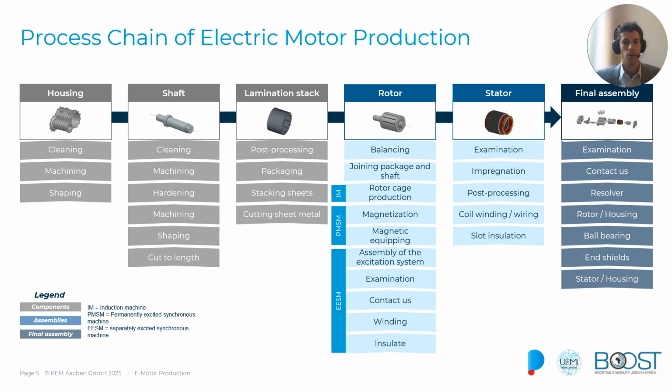Other than the rotor, which we will learn about in module 3, the stator design is mainly independent of the motor topology. So either if we use an induction machine, a permanent magnet synchronous motor, or an externally excited synchronous motor, the stator will look pretty much the same.